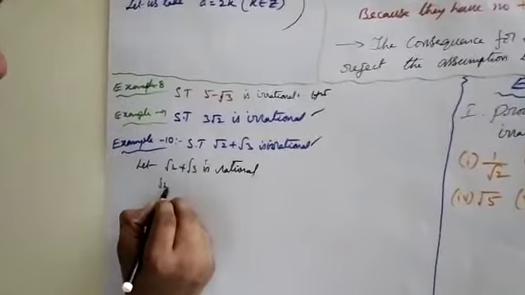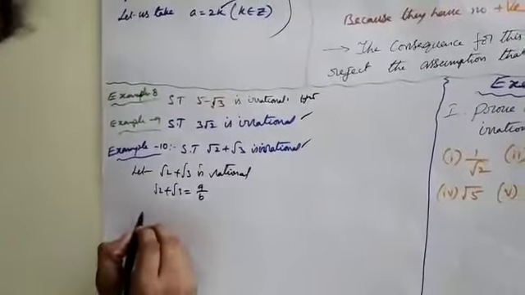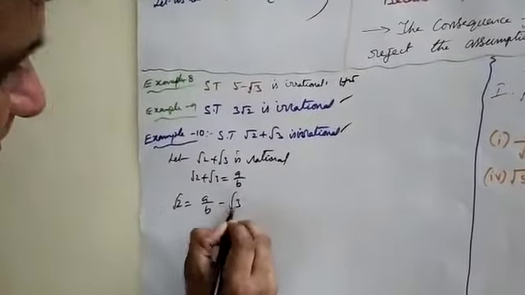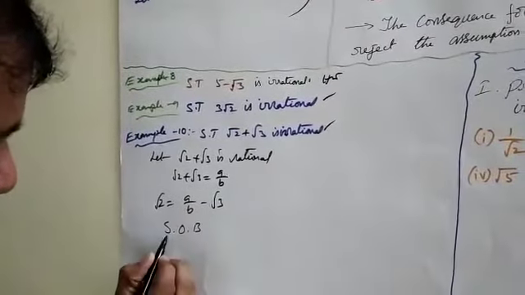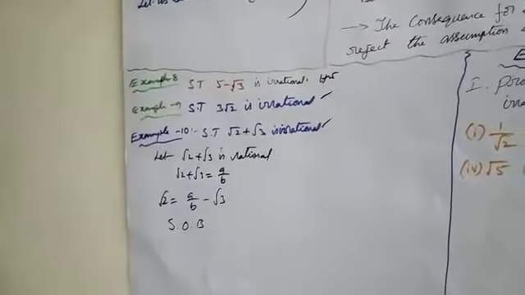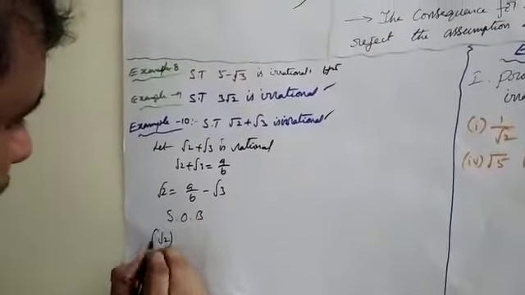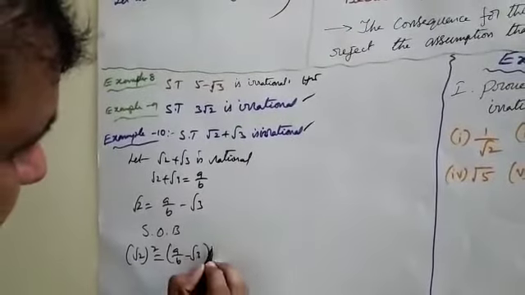Rational number means root 2 plus root 3 is equal to a by b. Therefore root 2 is equal to a by b minus root 3. Squaring on both sides, root 2 whole square is equal to a by b minus root 3 whole square.